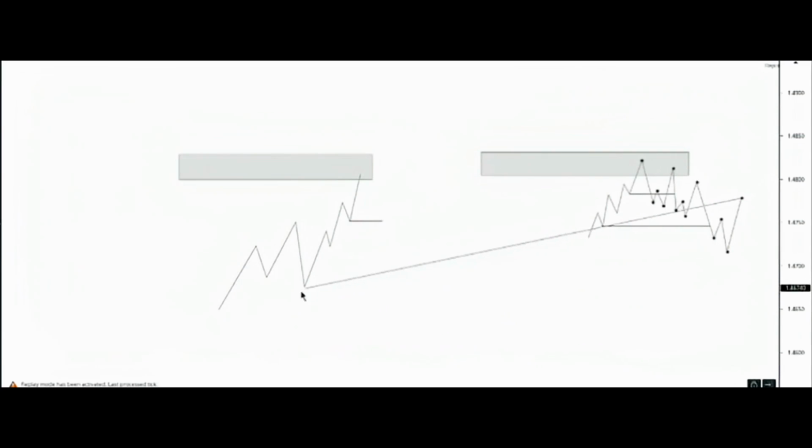This is your major structure low, and this will become your major structure high once it takes out this major structure chalk here. So you want to take your trade from here on the 5M to this your major structure low here, or you call it external liquidity.